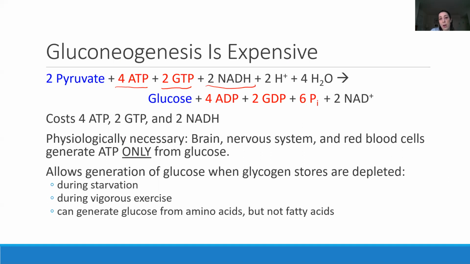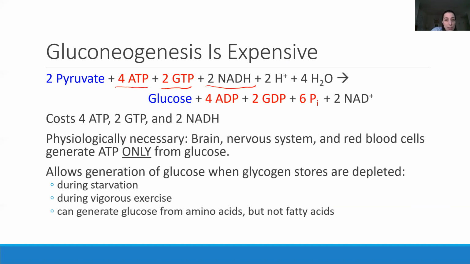Of course, also our H plus and water is utilized as well in the formation or in the usage of ATP and GTP. So you can see to do gluconeogenesis, it is very expensive. It costs 4 ATP, 2 GTP, and 2 NADH.